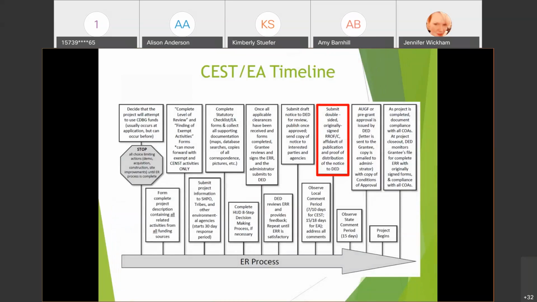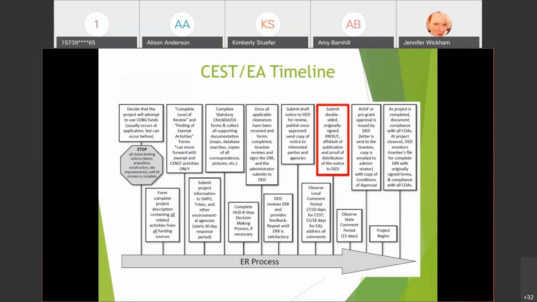The next stage is that the request for release of funds gets submitted to the state. Along with that are the affidavit of publication and the proof of distribution to the state and federal agencies and tribes, which must be submitted to the state. After that is the state objection period, and that's 15 days.